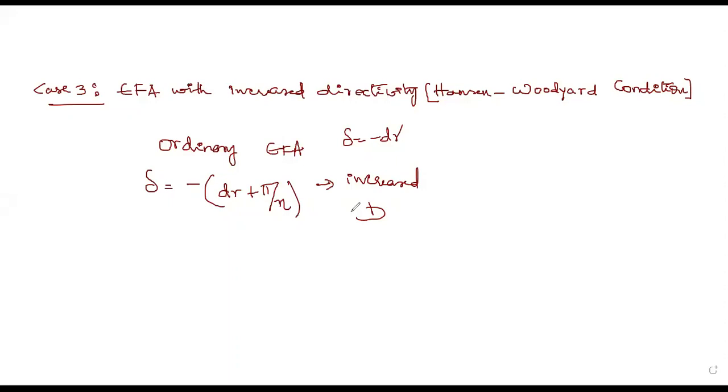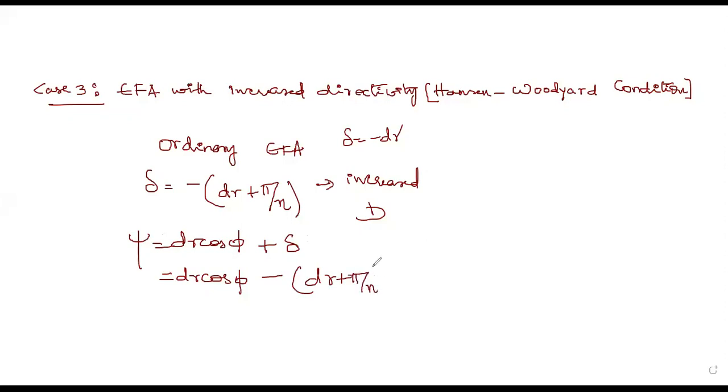Now, for example, if we consider the phase angle, that is the xi equation, we know it is dr cos phi plus delta. So substitute the delta value here: dr cos phi minus dr plus pi by n.